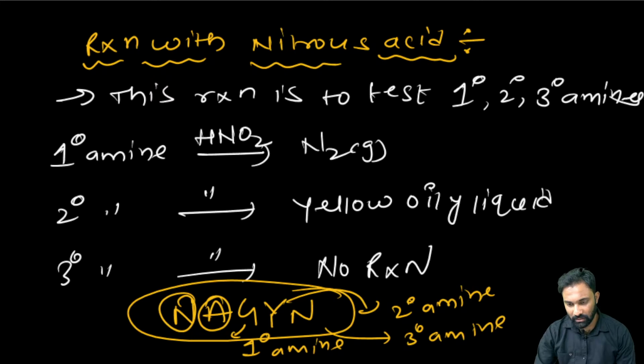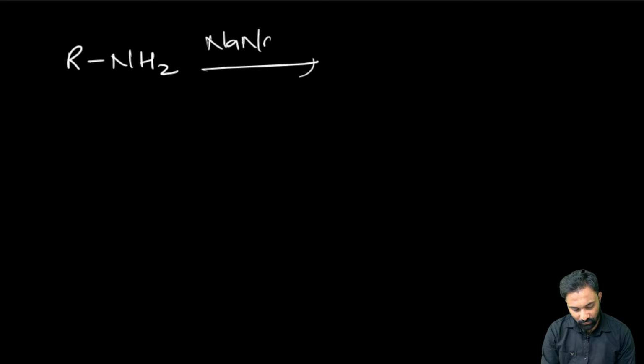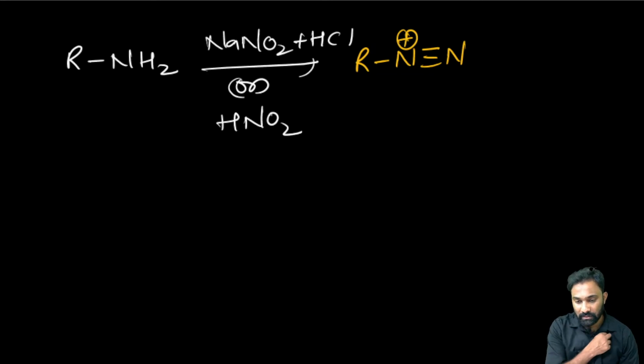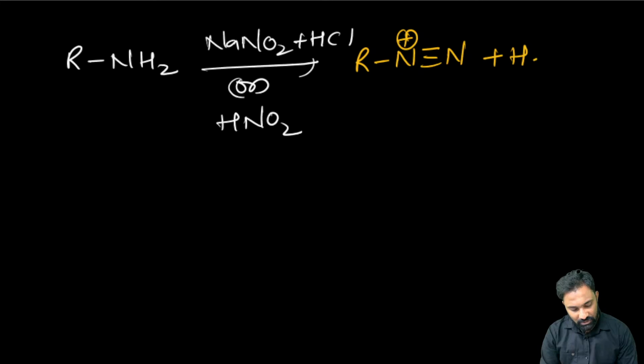Now we'll see how the 1 degree amine will give you the nitrogen gas. When this RNH2, or 1 degree amine, is reacted with NaNO2 plus HCl, or nitrous acid, first it will be converted into the diazonium, and H2O will be generated.